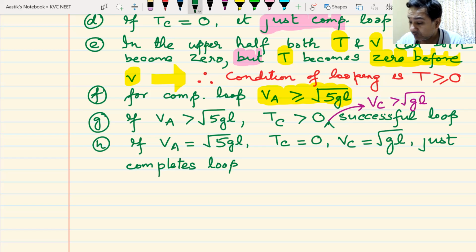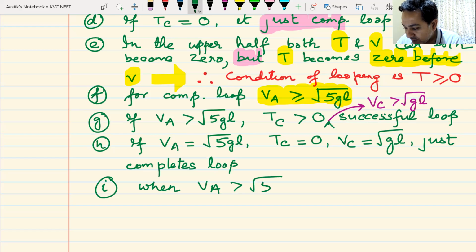I must also note down terms in terms of tension at point A. When speed at point A is greater than root 5 GL, tension at point A is greater than 6 mg.